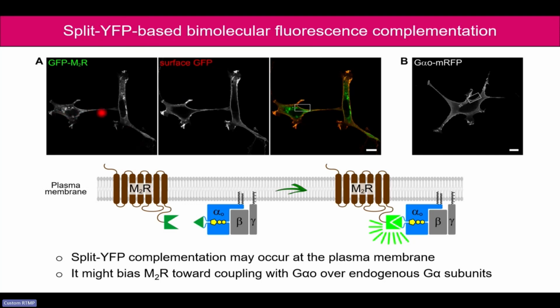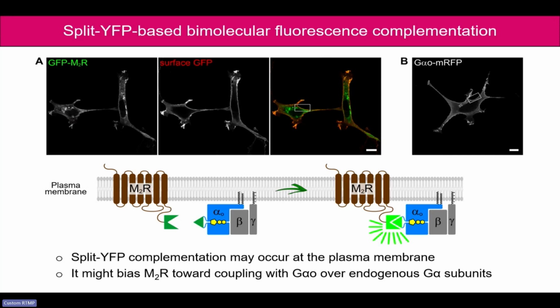Basically, you take the yellow fluorescent protein and cut it in two parts, put one part in the receptor and the other part in the G-alpha subunit. Because these two proteins will be in close proximity mostly at the plasma membrane, we speculate that the complementation of the yellow fluorescent protein will happen only, or mostly, at the plasma membrane, allowing us to see fluorescence of this complex only at the plasma membrane.